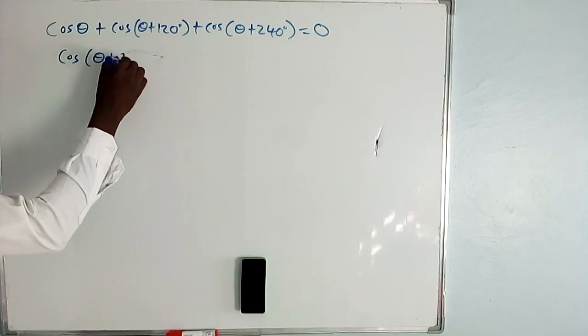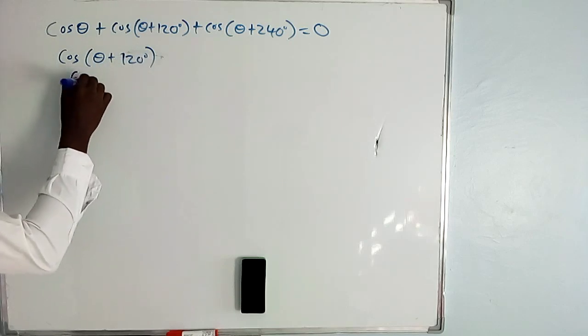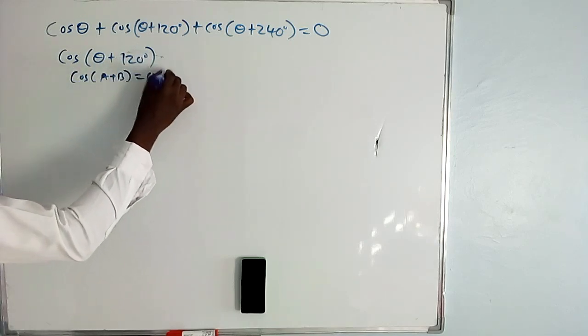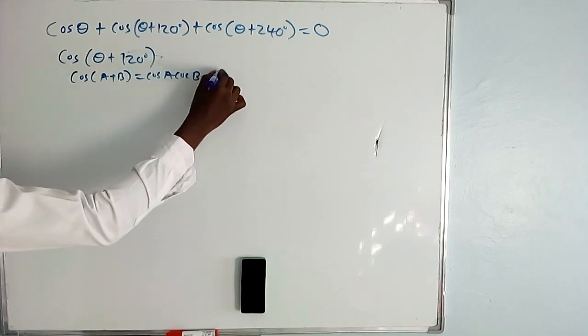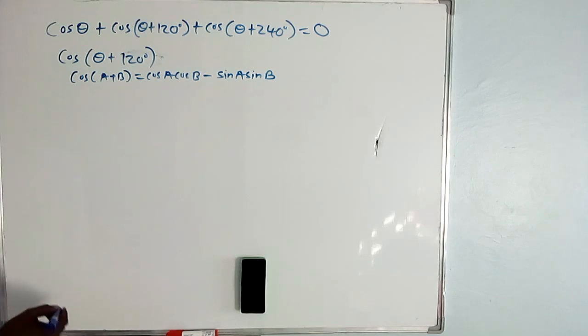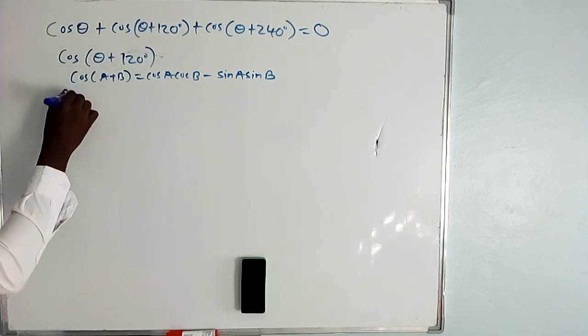So that is a cosine sum angle formula, isn't it? So cos(theta plus 120) is like cos(A plus B). So cos(A plus B) is cos A cos B, minus sin A sin B. Then where there is A you put theta, where there is B you put 120.